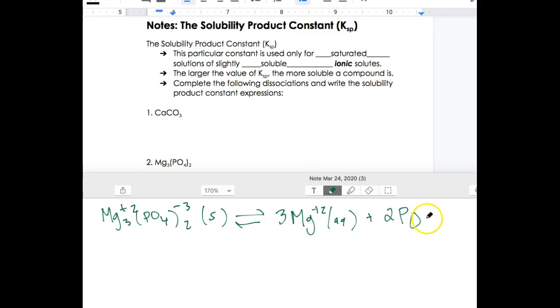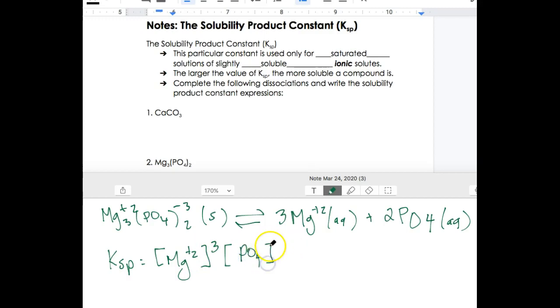So that's why we put a 2 in the front and a 3 in the front. And so now we're going to solve for KSP. It's going to be Mg +2 to the third power times PO4 concentration to the second power. And again, we don't include solids, so we'll have nothing in the denominator.